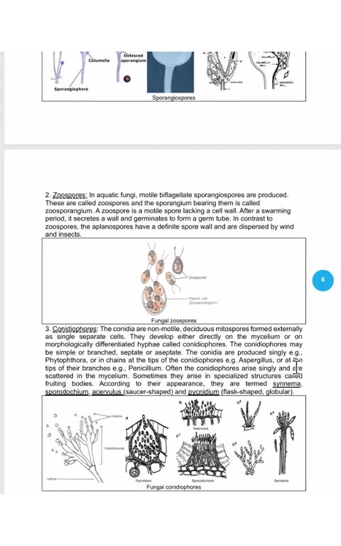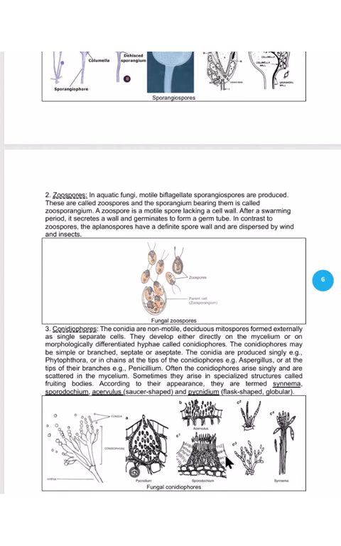The third type of spores is the conidiospores, and these are non-motile spores. The thing is that they have different shapes of conidiophores. The conidiophores carry spores which are non-motile, and these we call conidiospores.